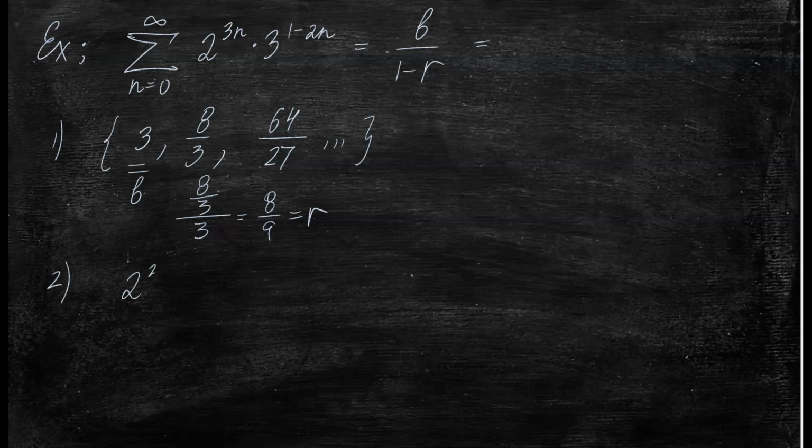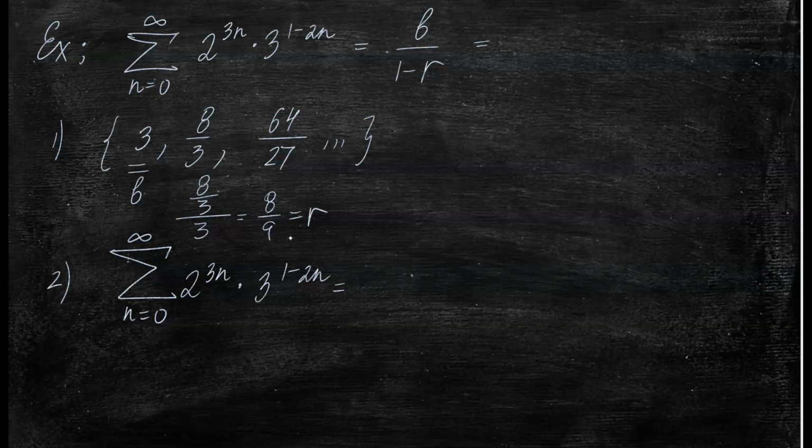So let's take 2 to the power 3n times 3 to the power 1 minus 2n, and let's rewrite it algebraically. Since we have the index starting at 0, which is unusual, we're going to keep track of the entire series here.